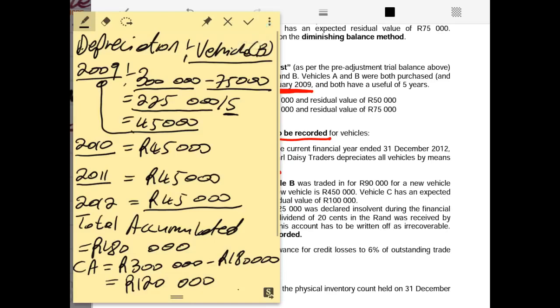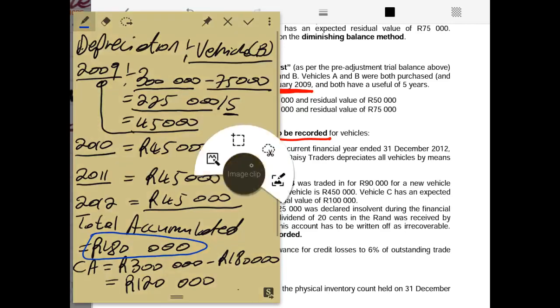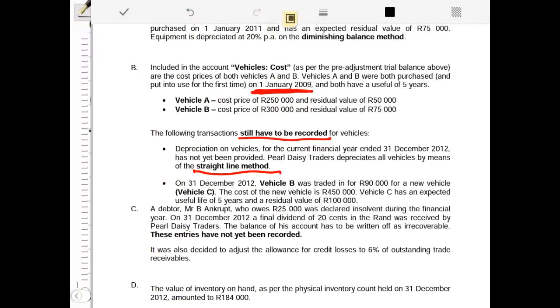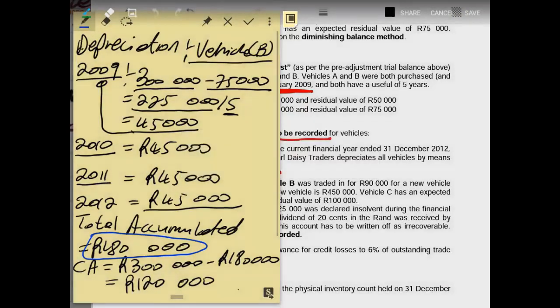So now this is the value of the asset on the date the asset was sold. So now let us record the 180,000 rands. This is the one that we are recording in the ledger account. Total accumulated depreciation that must be removed on the debit side of the accumulated depreciation ledger account. Just to save that.